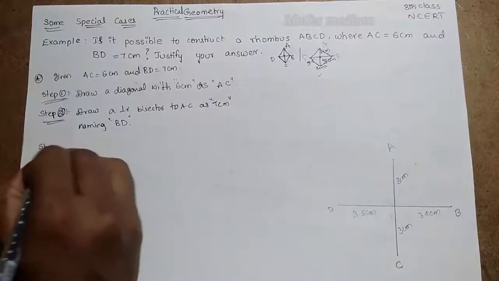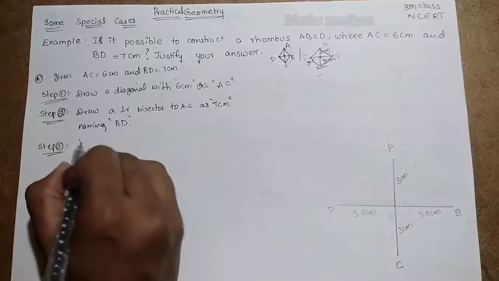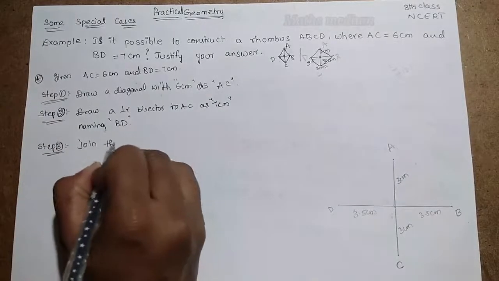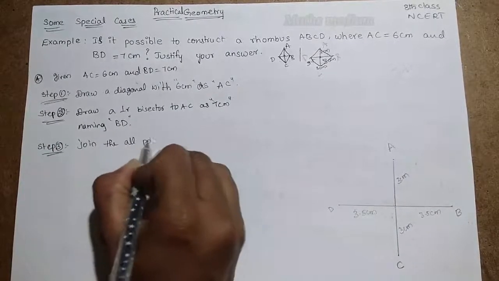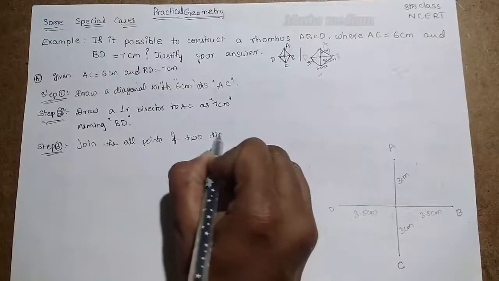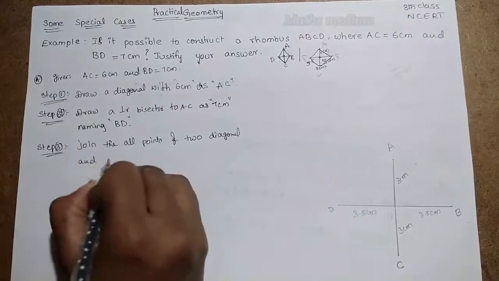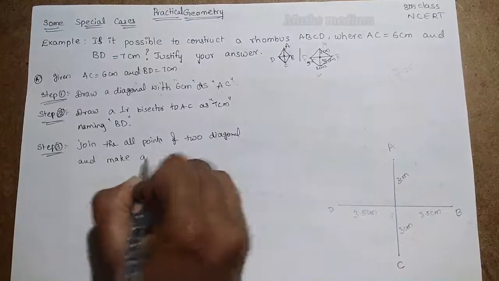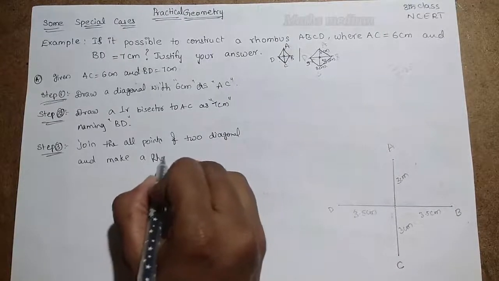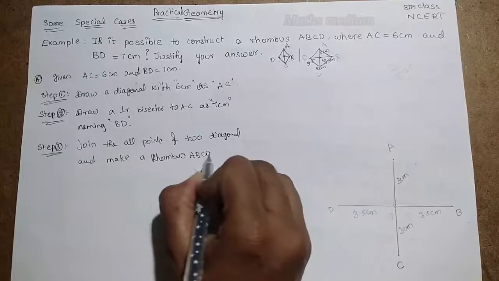Next, step 3. Join all the points of the 2 diagonals and make a quadrilateral, that is a rhombus. So make a rhombus ABCD.